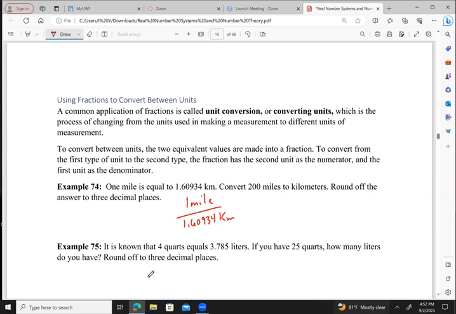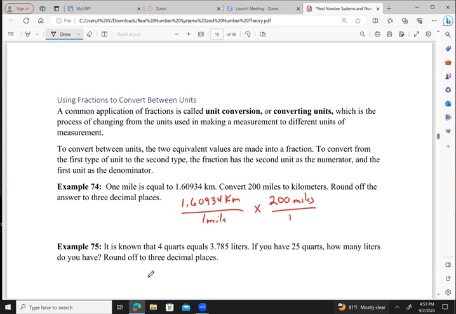Okay, we did this backwards of how they said it. It'll actually work either way, but so we have 1.60934 kilometers to 1 mile, and we want to know how many kilometers are 200 miles. So what happens here is we multiply across.